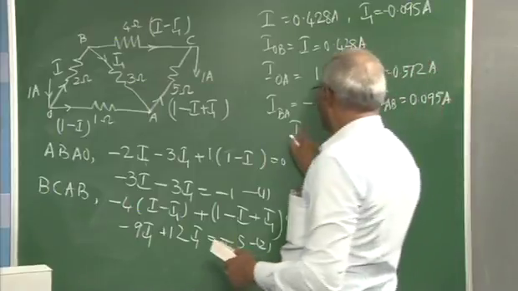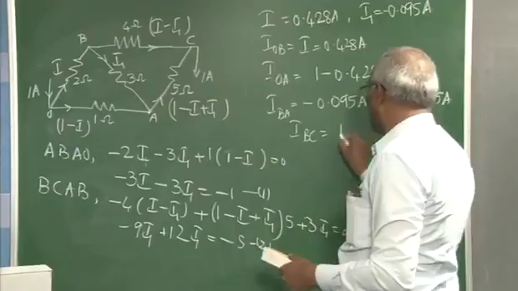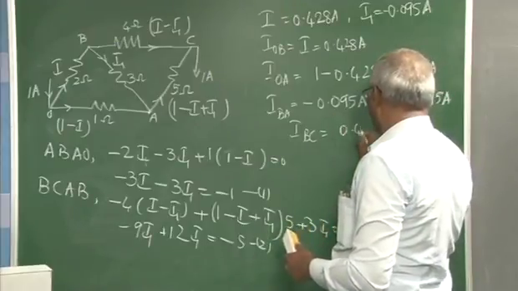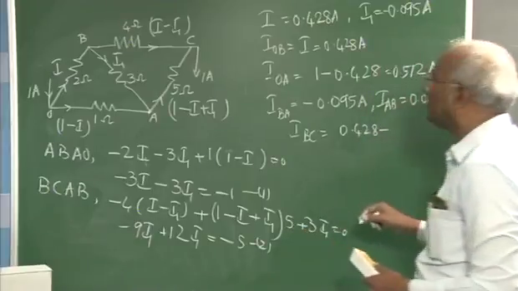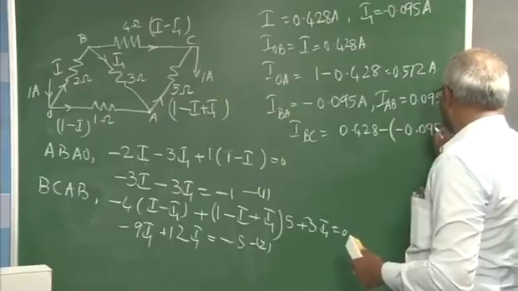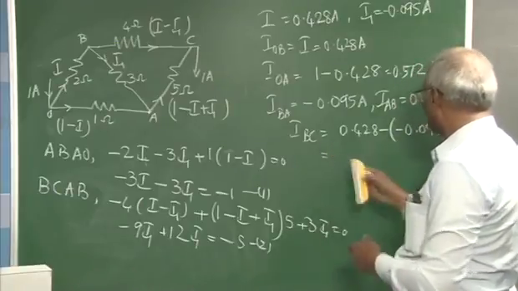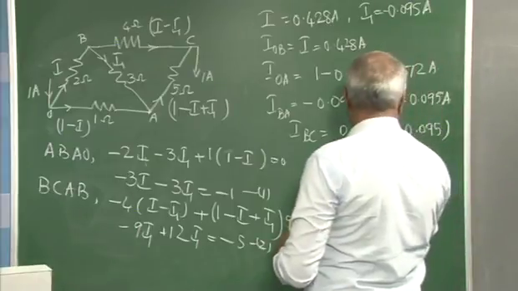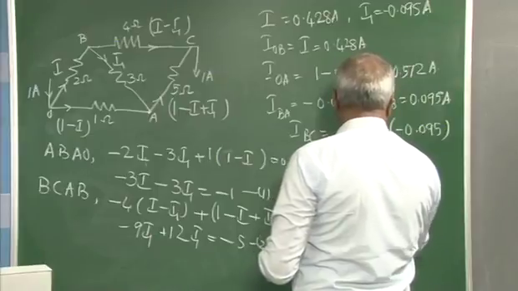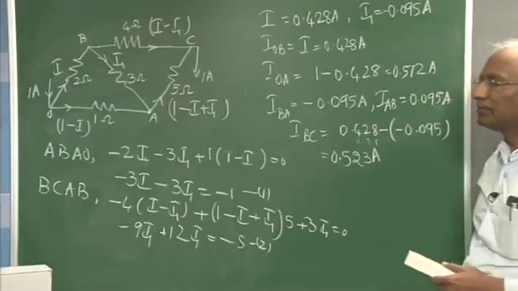The current in the branch BC is nothing but this one. It is I minus I1. I is 0.428, minus I1, which is minus 0.095, will give you some positive amperes, that will be 0.523 amperes.